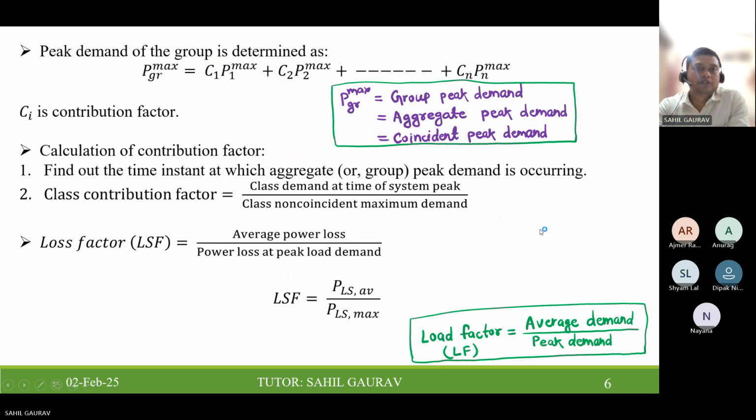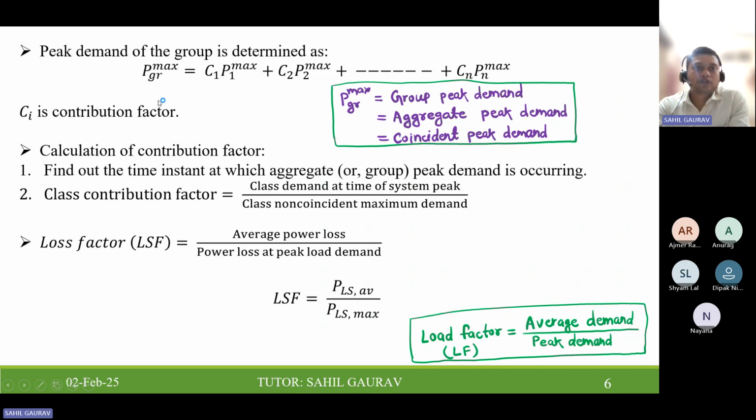Now we can also write the peak demand of the group in terms of contribution factor. Say we have individual peak demands for different customers or consumers, given as P1 max, P2 max, and the contribution factors for those consumers are also given, C1, C2 respectively.